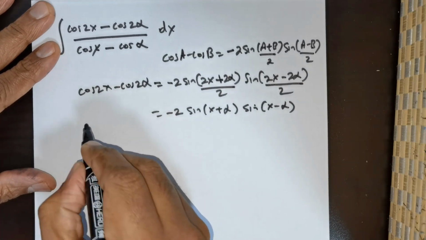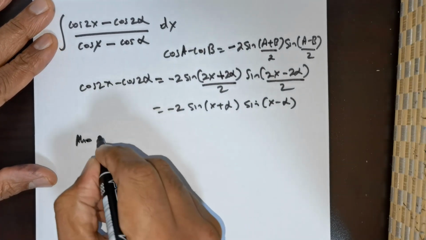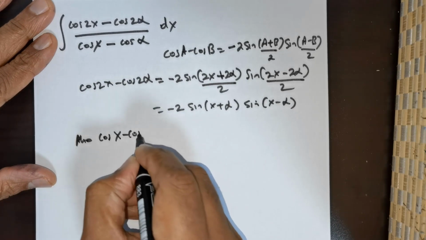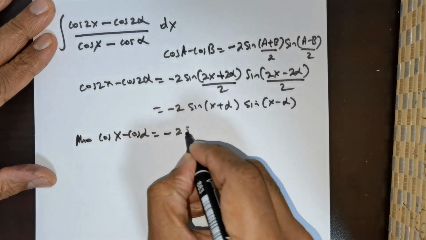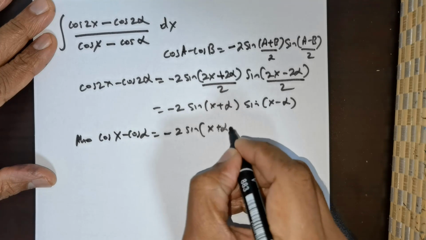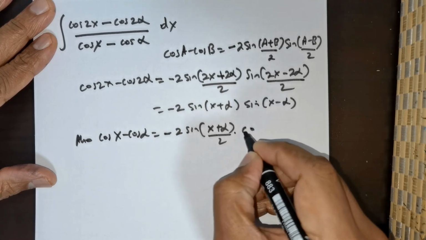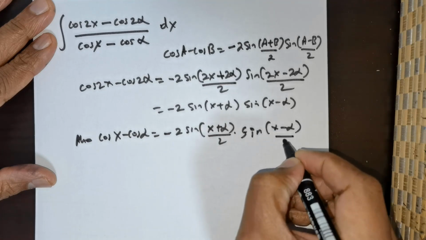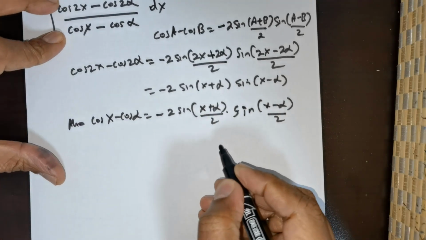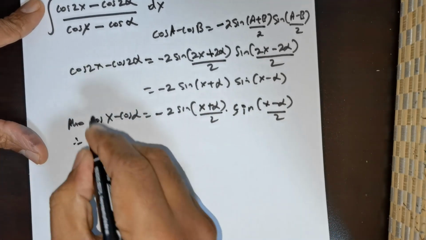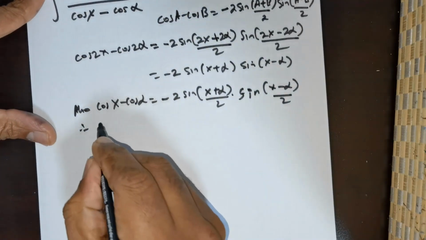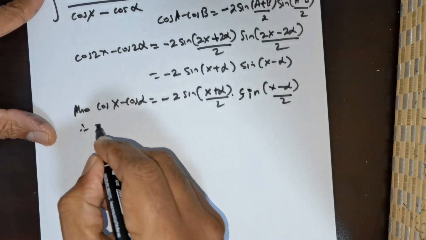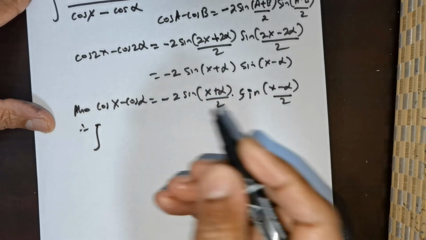Now also I'm going to rewrite cos x minus cos alpha as minus 2 times sine of (x plus alpha) divided by 2 times sine of (x minus alpha) divided by 2. So let me rewrite the quantity.